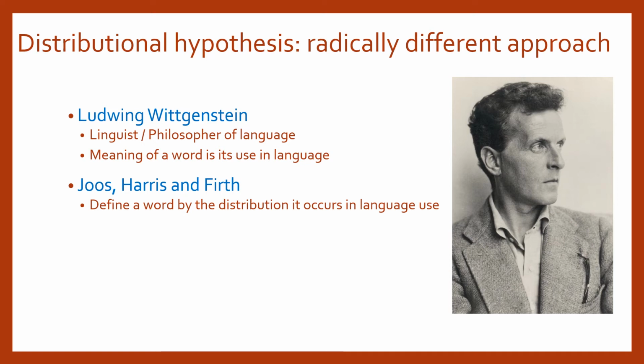There are multiple computational linguists like Harris and Firth who, almost at the same time, tried to say that a word is defined by the distribution in which it occurs. Essentially, we can define a word by looking at the distribution of the text occurring in its context.